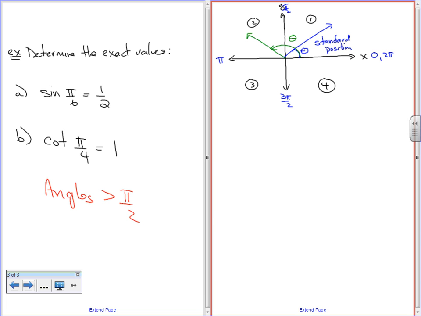So I have to use the related acute angle. The related acute angle is the angle between the terminal arm and the x-axis. So this angle right there is the related acute angle. So how does that related acute angle help? Well, let's look at an example.